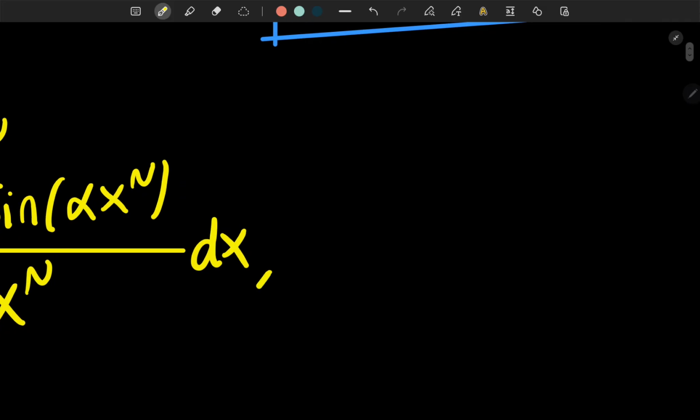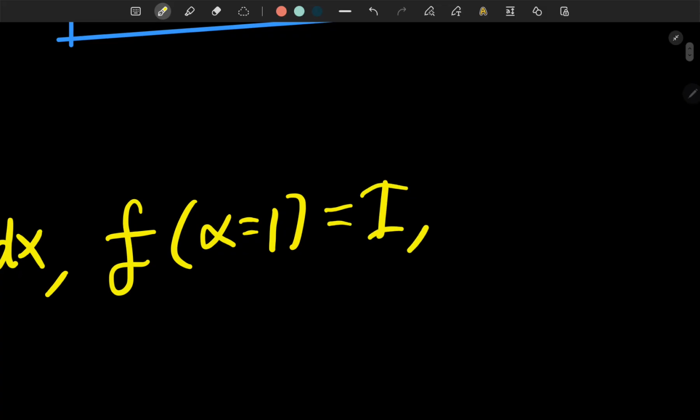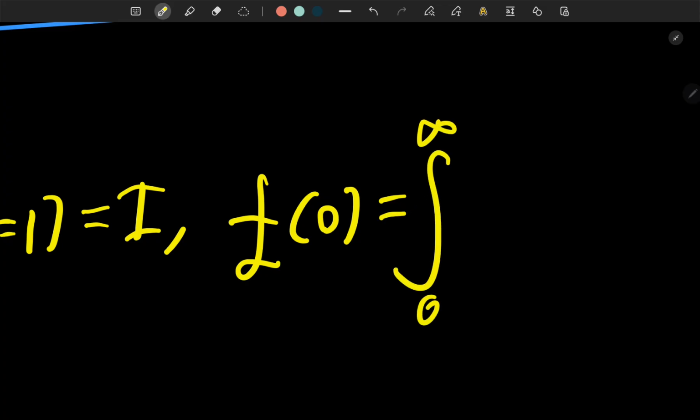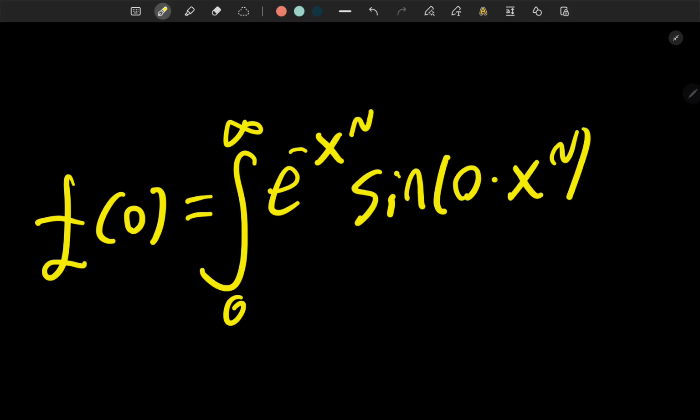we can clearly see f of alpha equaling 1 equals I, and if we plug in 0, f of alpha equaling 0, would be e to the negative x to the n times sine of 0 times x to the n.